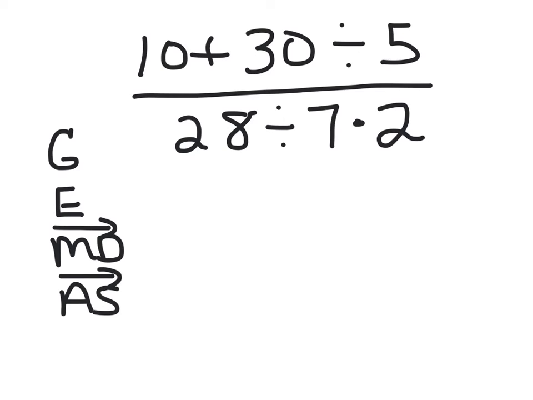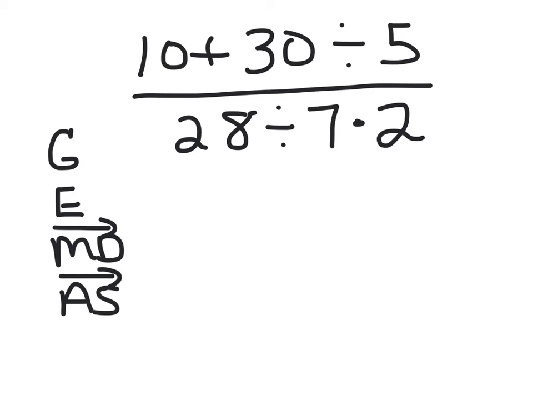But when I do this division problem, I have to take care of the numerator first and clean it up, and then clean up the denominator second, and then I can divide. I can't just pick and choose numbers that I want to divide. I have to have one numerator and one denominator. Right now, I don't have one numerator and one denominator.